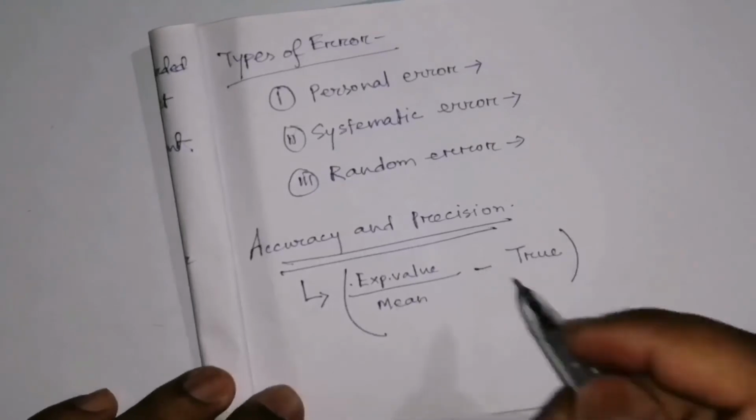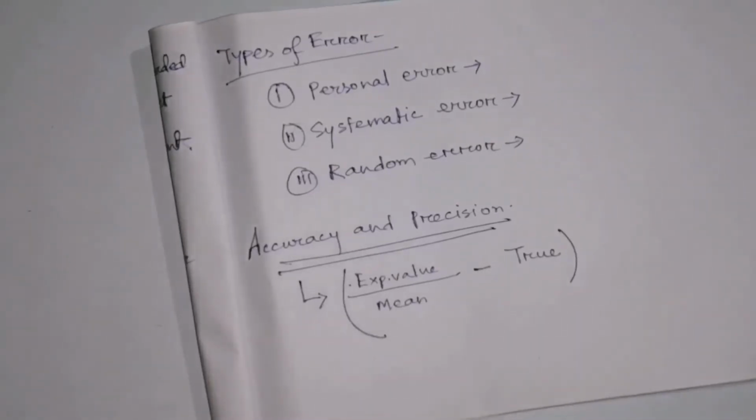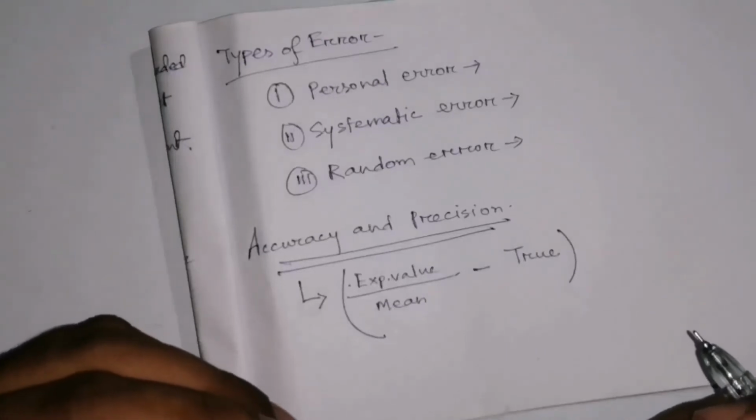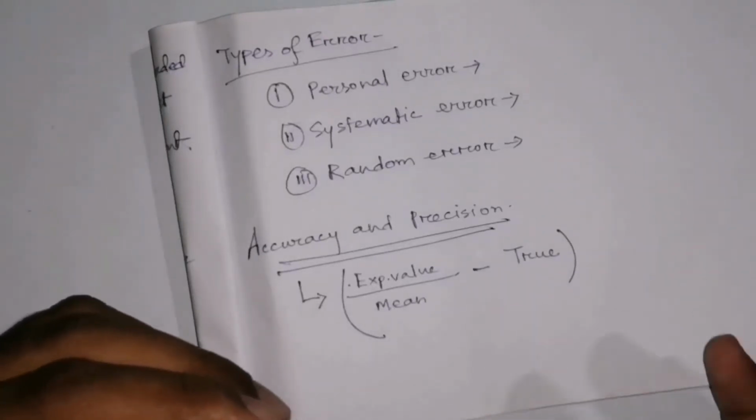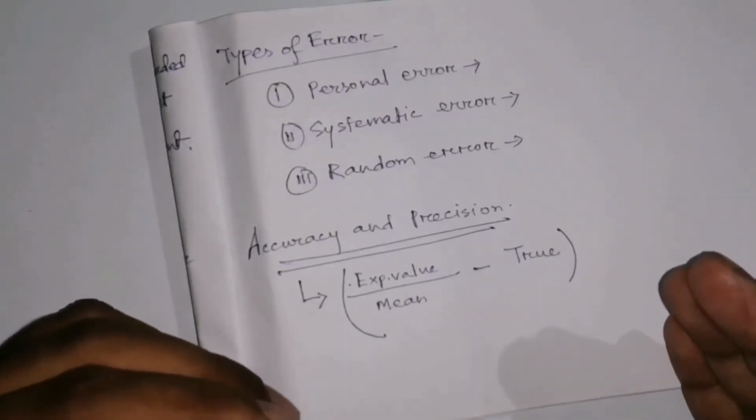Next, if we talk about precision, the term precision comes into the picture when the true value of a quantity is not known. In such cases, it becomes difficult to calculate the accuracy of the measurement, and it is where the precision of the measurement is made.